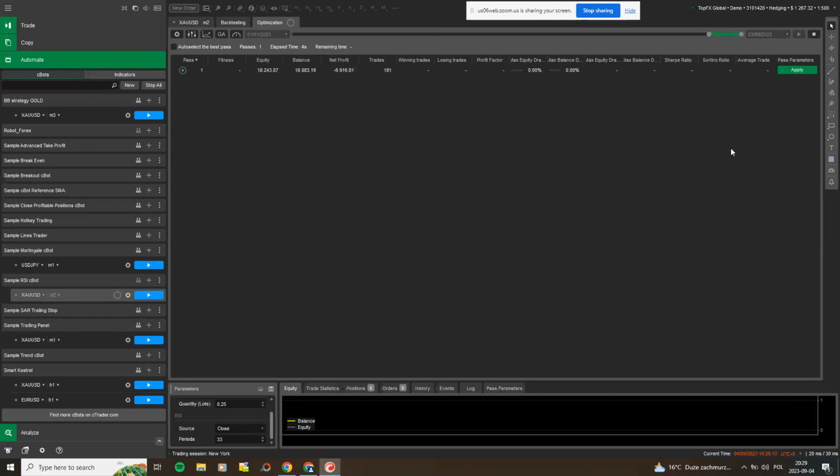Straight on, we got the first result. Okay, so we got the first phases. Now fitness is negative, not that great. Second phases. Now of course we are optimizing our strategy. Now the numbers are coming in. Let's just wait for them to come.